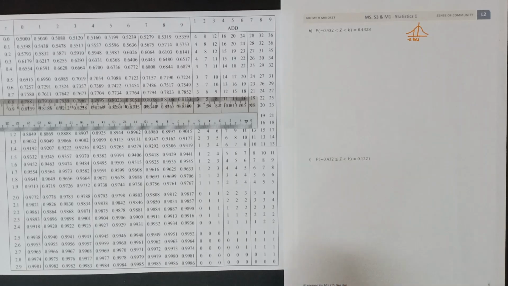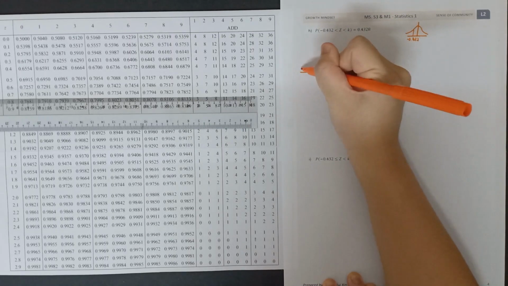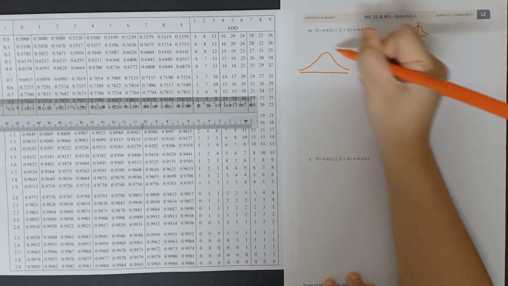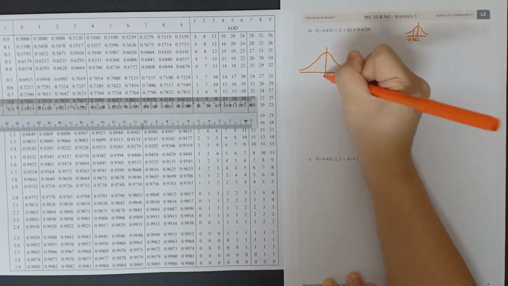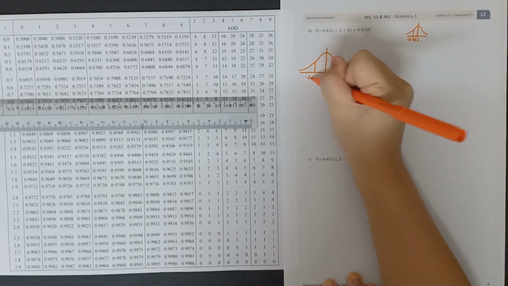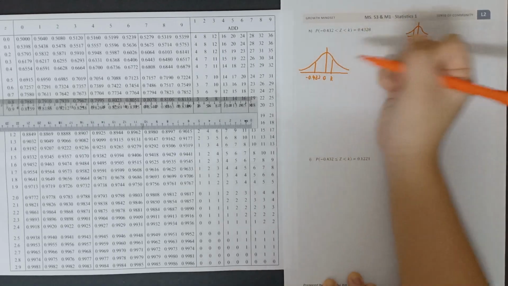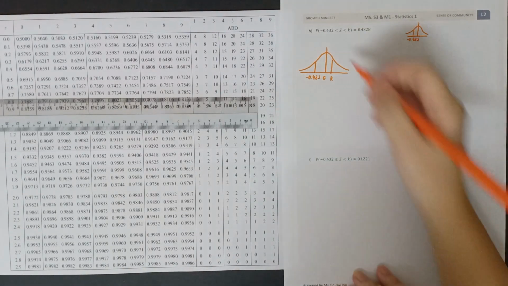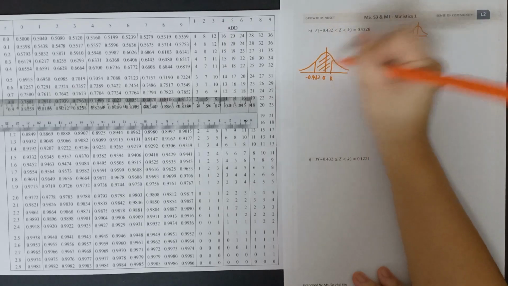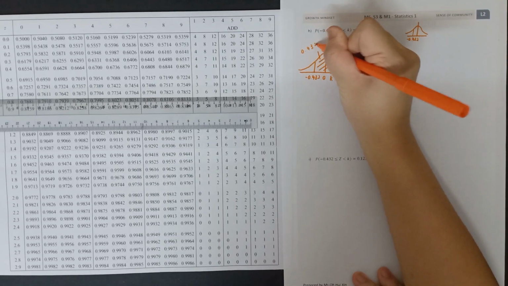Since for h, obviously you know that your k is going to be positive, we can straight away do this. So 0, negative 0.432, then this is going to be positive k. The whole area here will give me an answer of 0.4328.